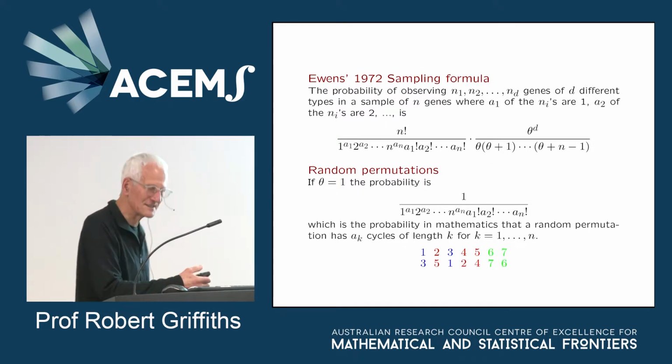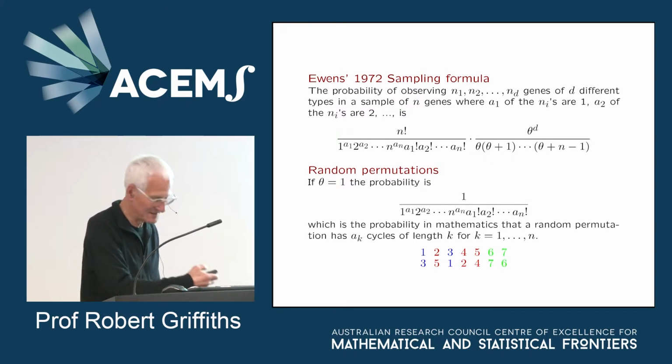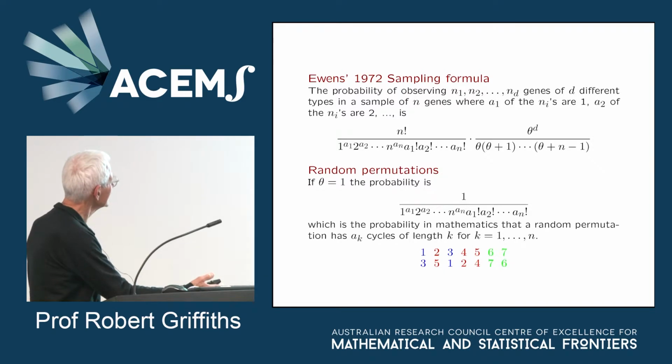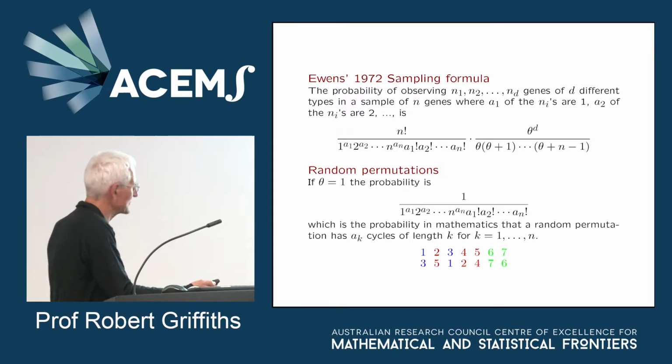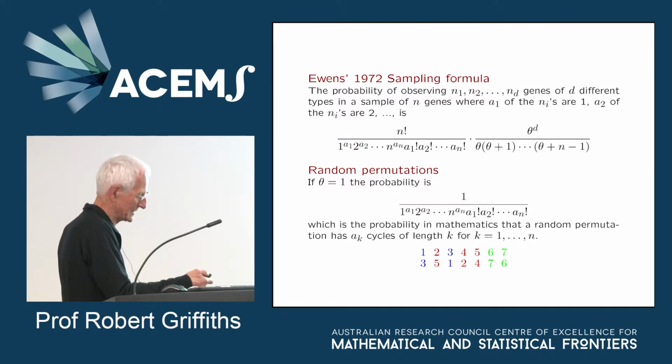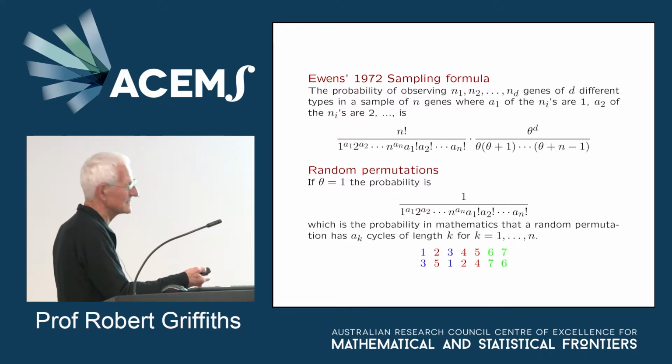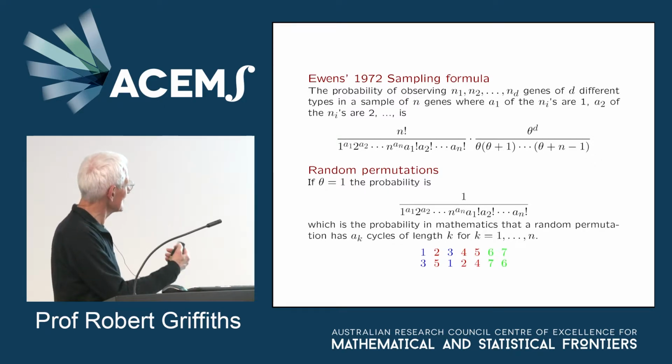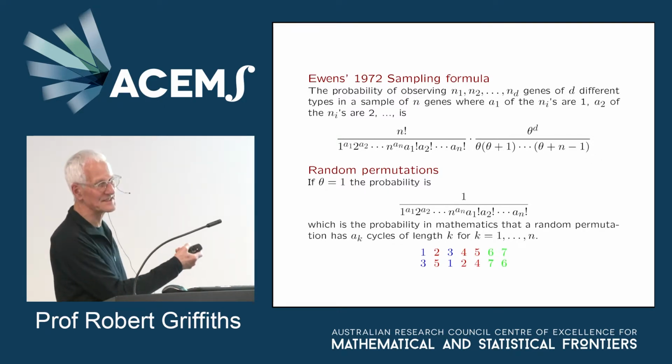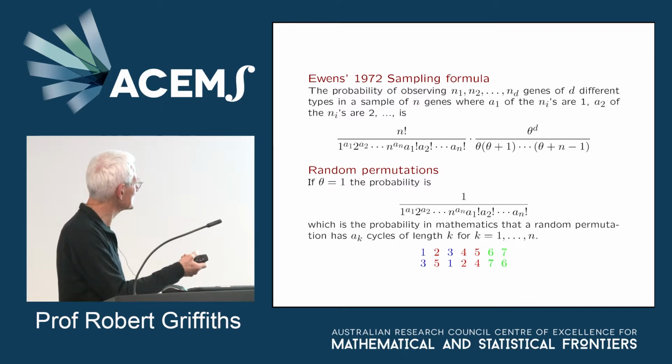This slide's a little technical for those that know some mathematics, and it's a connection with random permutations. So the general formula that you get for the urn sampling formula is factorial n, where you want to have n1 to nd genes of the different types here. A1 of the n_i's are 1, A2 are 2, and so on.